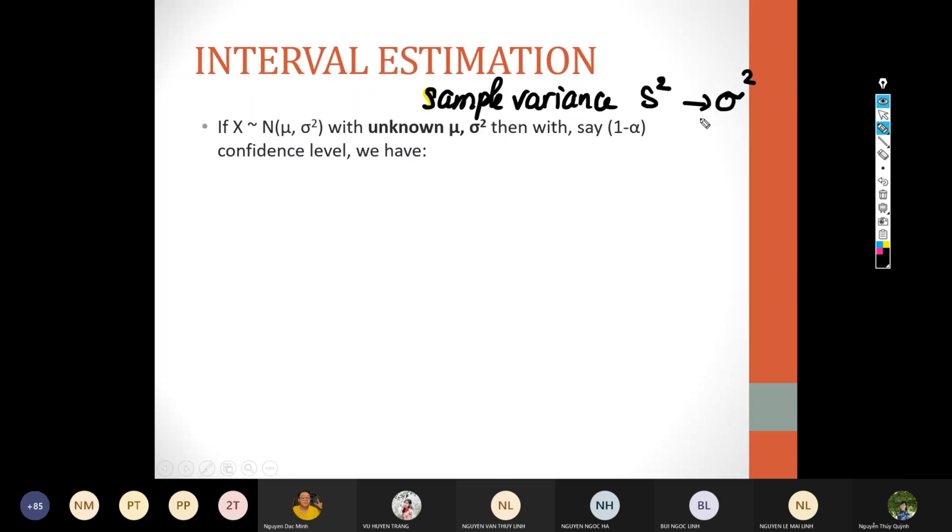Then the confidence interval for mu. Do you remember it? In this case, the critical value will not be z anymore.